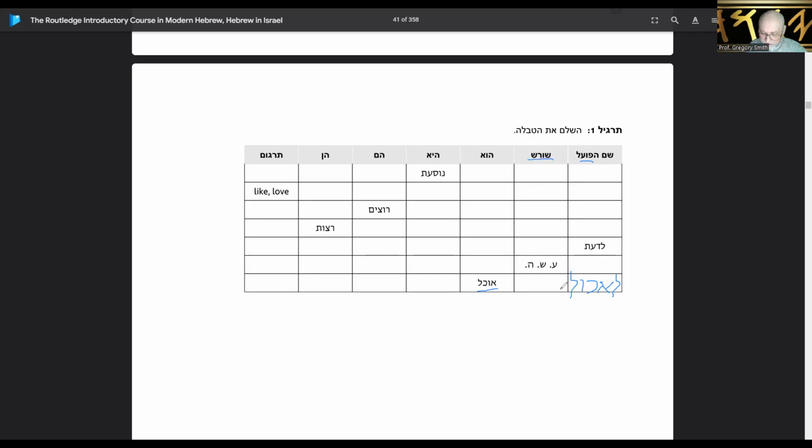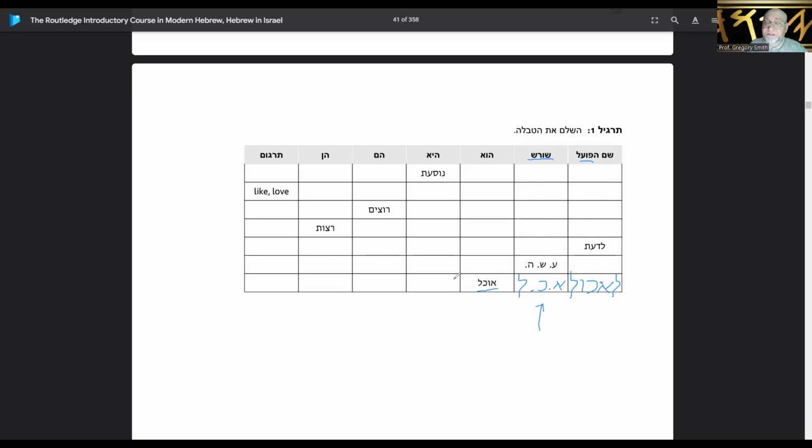In this case, it looks like all three root letters are represented in the Shem Hapuel. And so we have Aleph, we have the Chaf, and we have the Lamed. So that's the shoresh, the basic root here. They gave us the masculine singular.